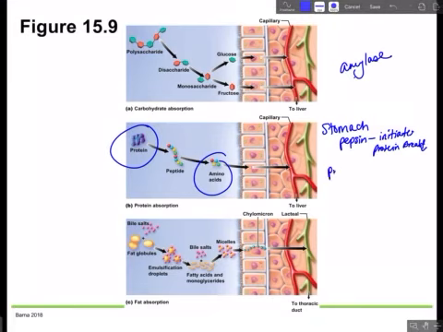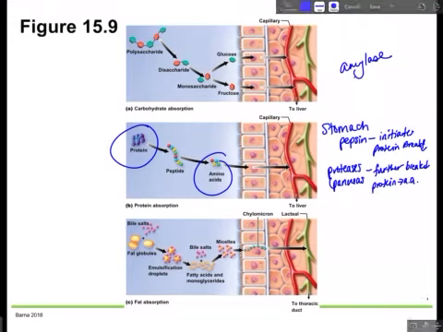And then proteases from the pancreas will further break down that protein into amino acids, which is the smallest form there.